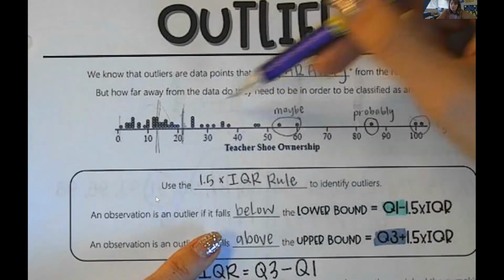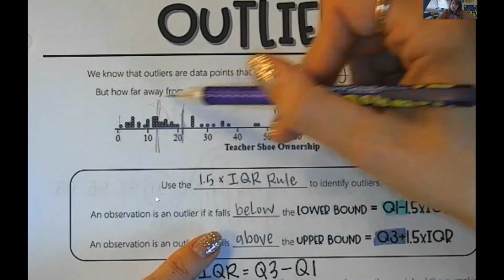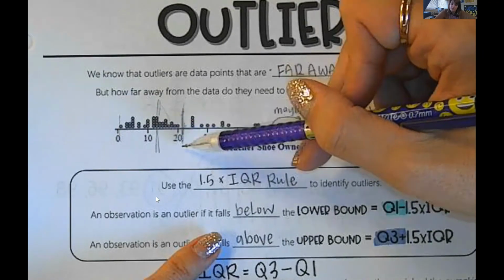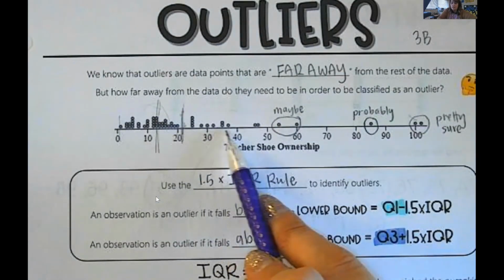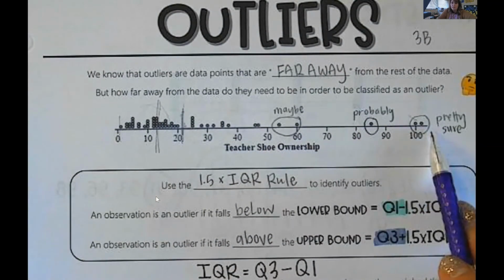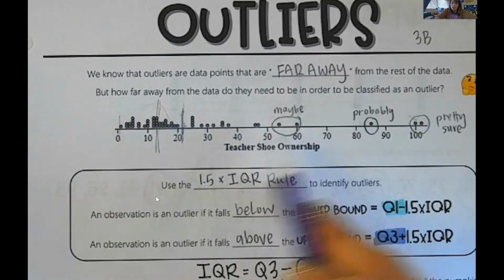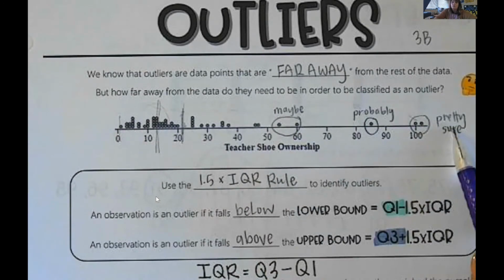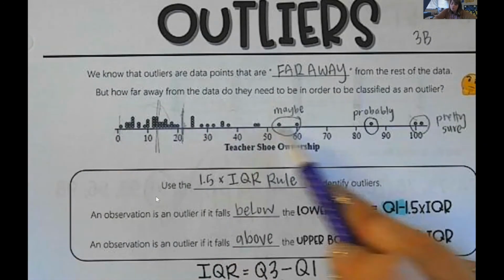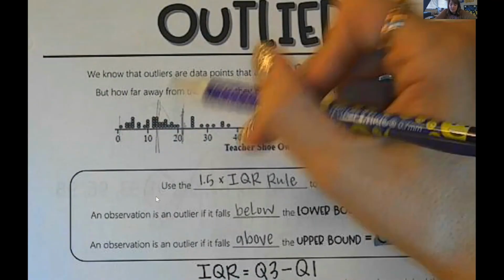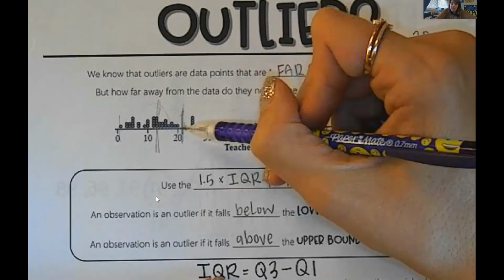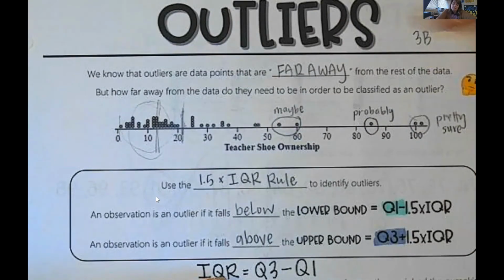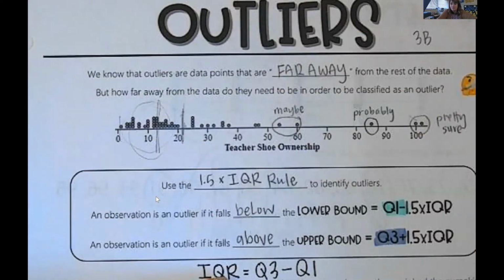You would still say that this is left skewed though, because even though most of the data is here, look at how much data is coming out to the right. It's not like 1 or 2 points are outside of this area. Several teachers owned more than 20, but that doesn't negate the fact that most of the data is in this area.